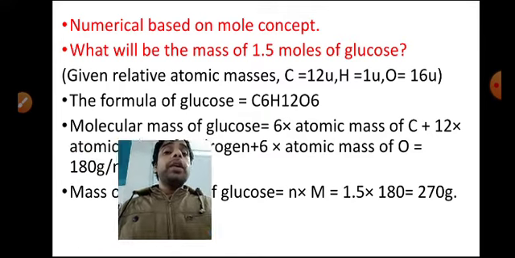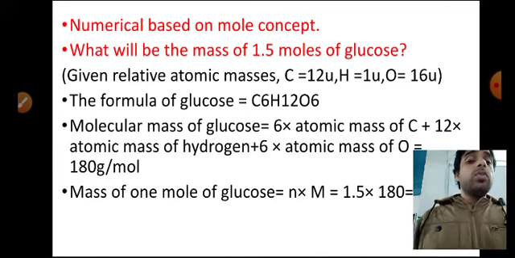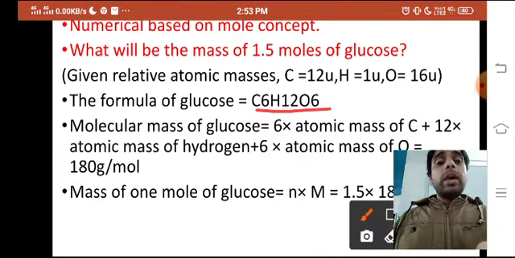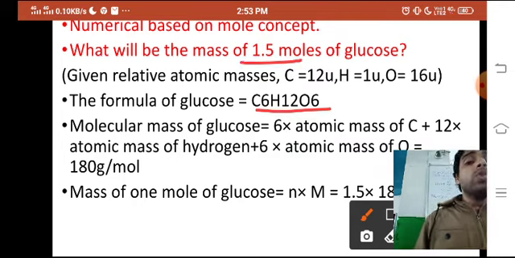So here you can see the formula of glucose is C6H12O6, and you have to find the mass of 1.5 moles of glucose.